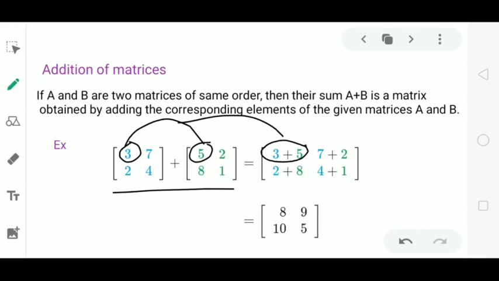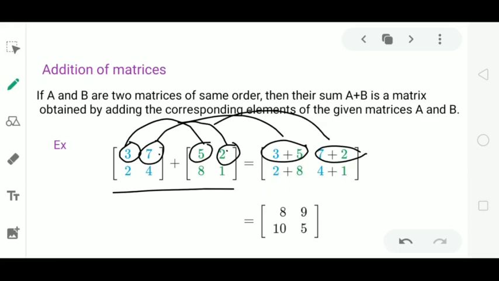Next one, second element of first matrix is added to second element of second matrix. Here 7 is the second element of first matrix and 2 is the second element of second matrix. Their sum is 7 plus 2. As the two numbers 7 and 2 lie in the second place, their sum also lies in the second place of a matrix.